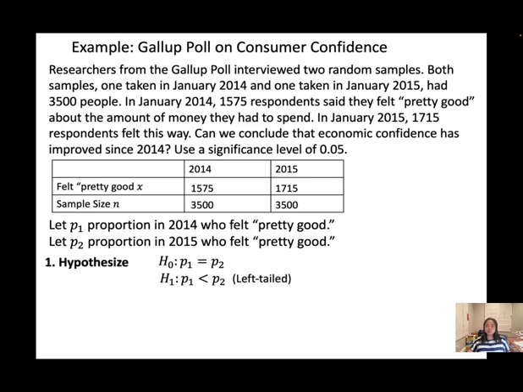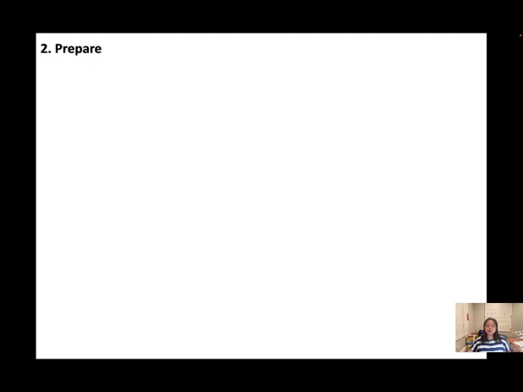Number 2, we prepare and state the conditions. First, find the pooled sample proportion. Plug in these numbers and tell me what you get.